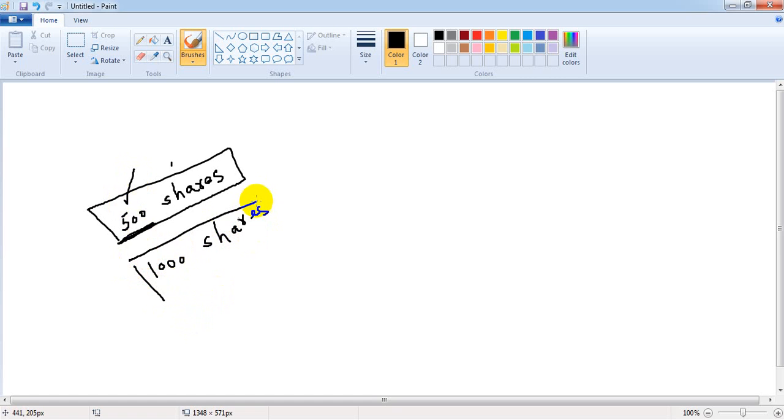Means the quantity, whether it is the quantity of shares or the quantity of currency, will be given. Not more than that, not less than that. If the standard is 500, it will be not more than 500 and not less than 500. If the standard is 1000, not more than 1000, not less than 1000. This is called standardized contracts.